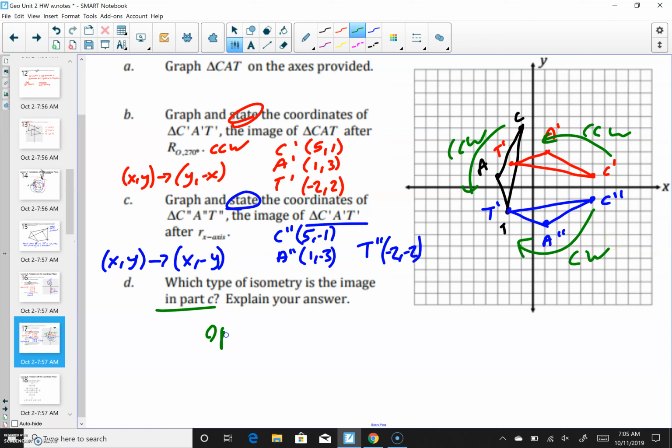Since that's the only one that has the orientation flipped, it's the only one that doesn't have the orientation preserved, as our reflection flips it, so that's going to be an opposite isometry.